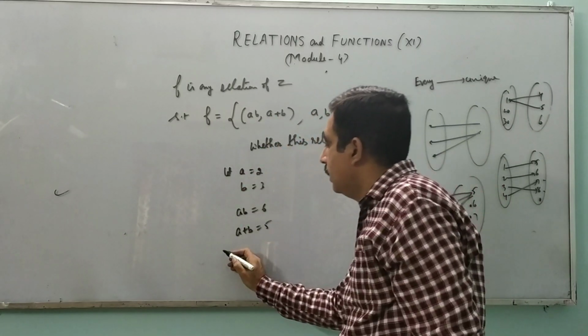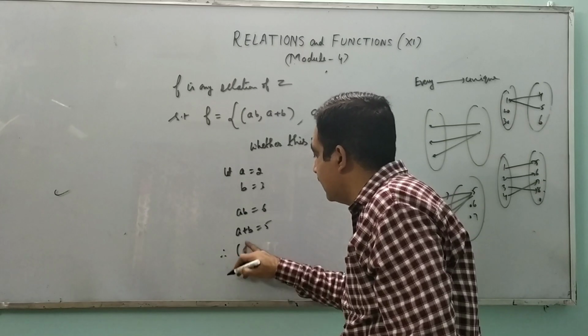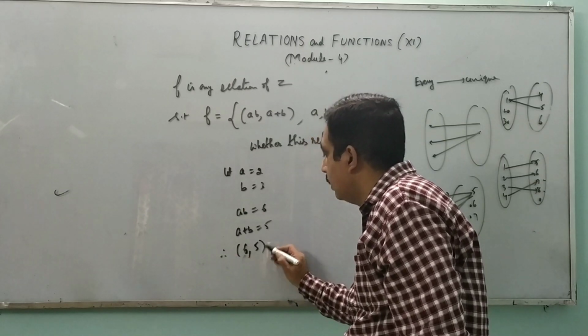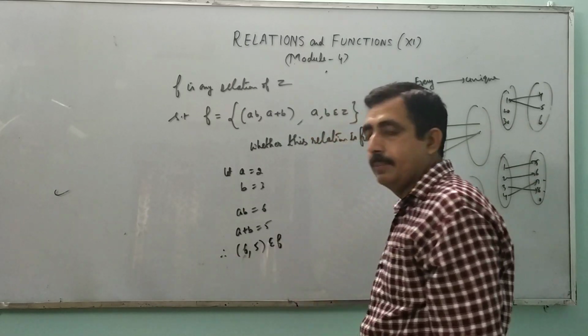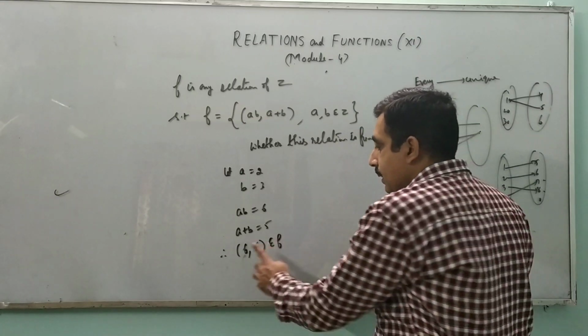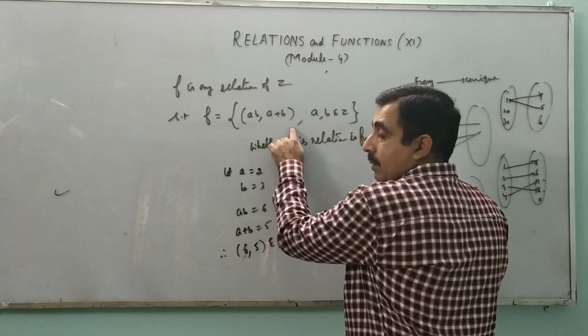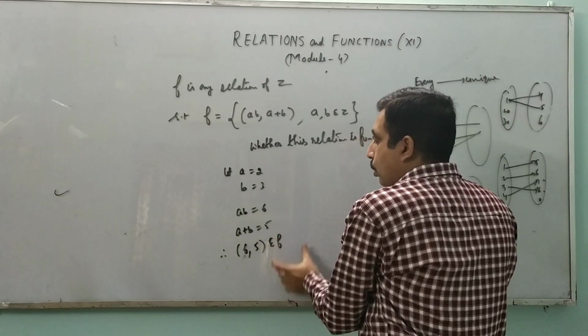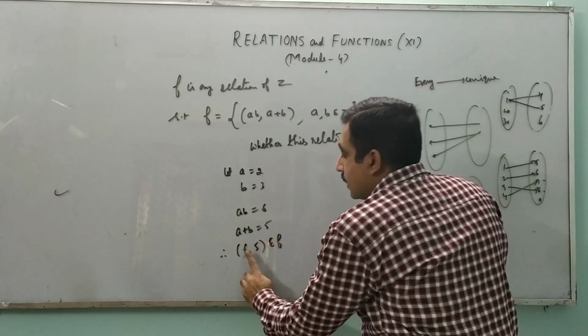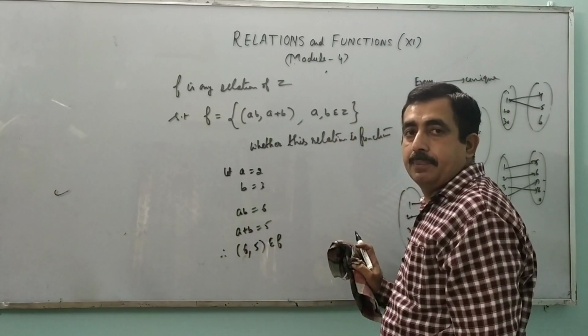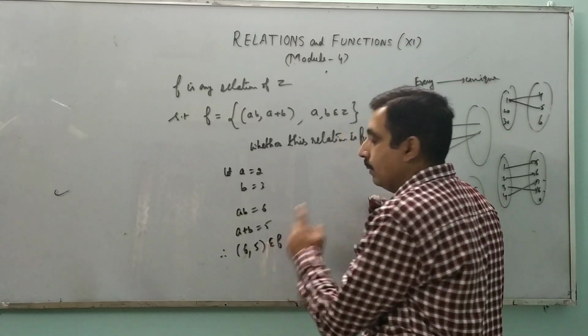According to this relation, (6, 5) belongs to F. Here product, here sum. It means 6 is related with 5. The first number is the domain and the second number is the range.